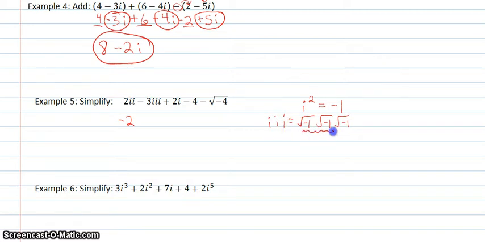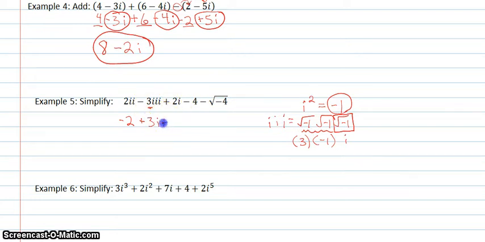So this would be the -1 here, because that's 2 of them, the same as the i squared. But then we still have the square root of -1. So we're going to write this as a positive 3i, because that's the i, and that's a -1 that we're multiplying by the 3 that is with it.